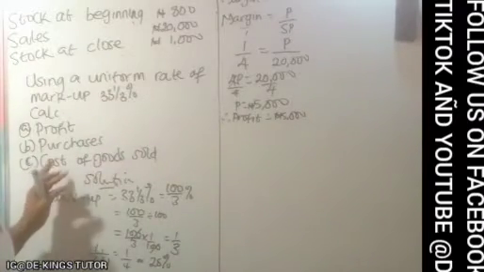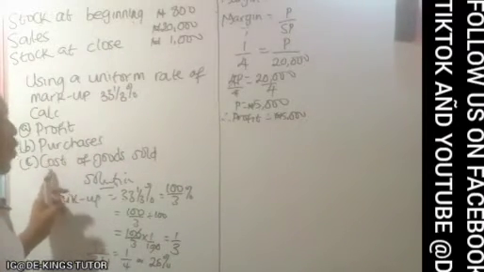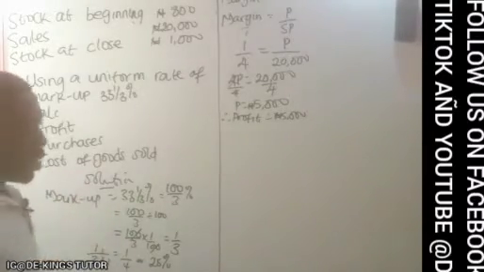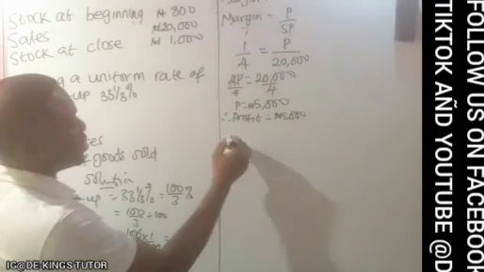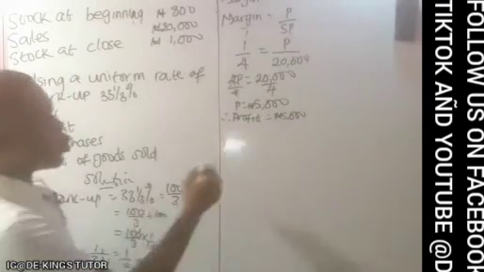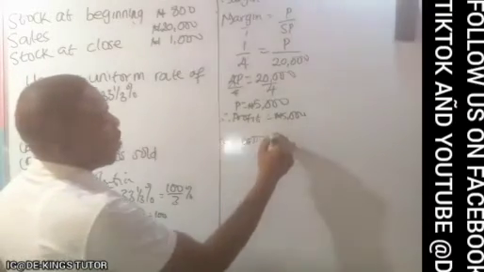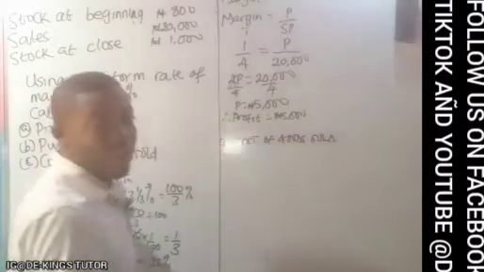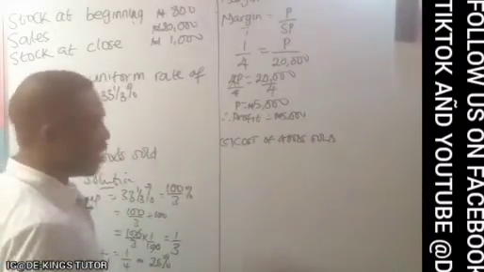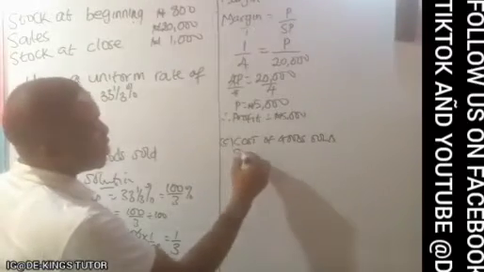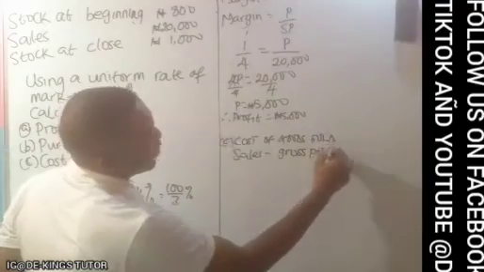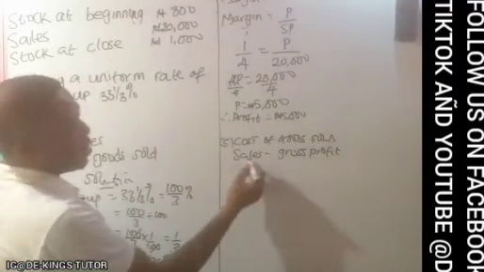The next one: they said purchases and cost of goods sold. Quickly, we can get the cost of goods sold first, before doing the purchases. In our profit or loss account, which you can check in my videos on my channel, cost of goods sold is sales minus gross profit.